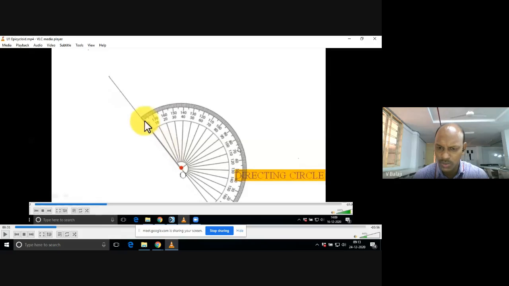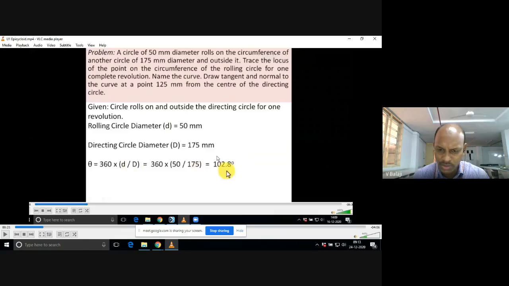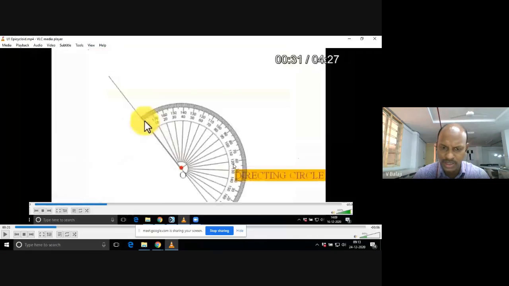Go up to the angle we have calculated, 102.8 degrees. Mark with your pencil around the protractor somewhere near 102. See here, 100, 110, and 102.8 is in between. You can take 103 roughly.